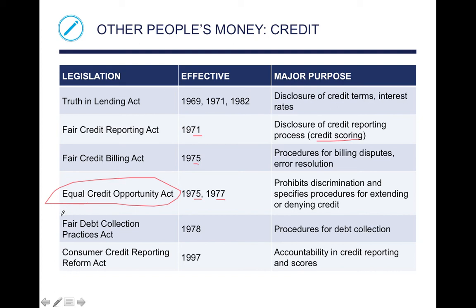Then you have the Fair Debt Collection Practices Act of 1978, which sets procedures for debt collection. I used to cite the Fair Debt Collection Practices Act when I had another job in the collection department of a university. Basically, there are certain things that someone who owes money is protected from. One of those is that they cannot be called by two entities at the same time.